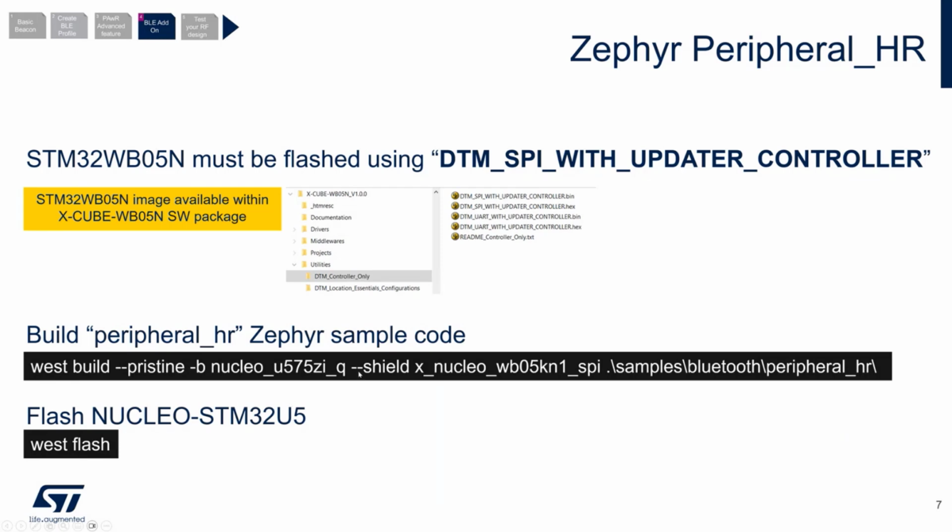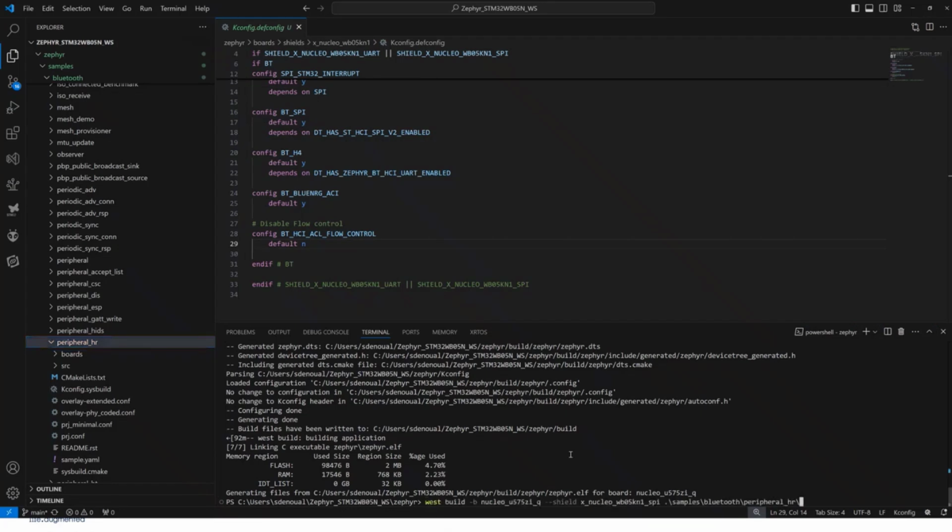And I need to define my expansion board as a shield, --shield, X-Nucleo WB05KN1 underscore SPI. I'm using the SPI variant here to address my WB05N. And then I want to build the peripheral heart rate sample. So let's do it right now.